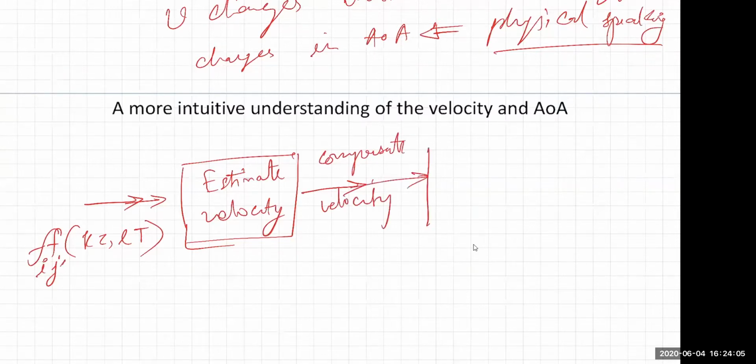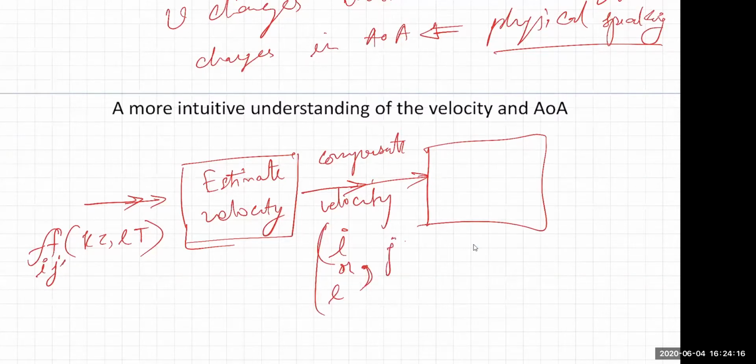Now, Keshav, what do you have? You have I, or rather L. And what do you have here? J prime, correct? Now you can use the summation on these to estimate with high resolution.